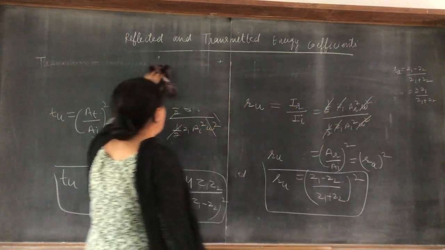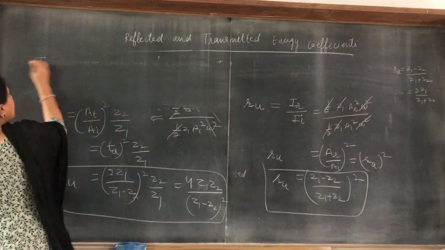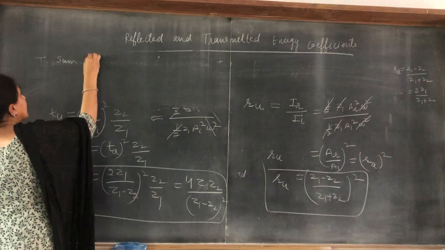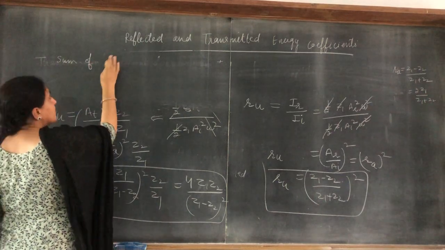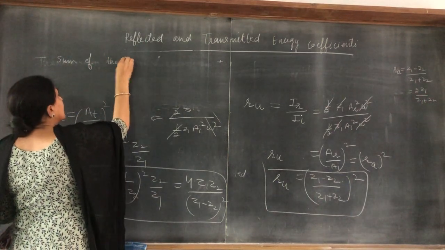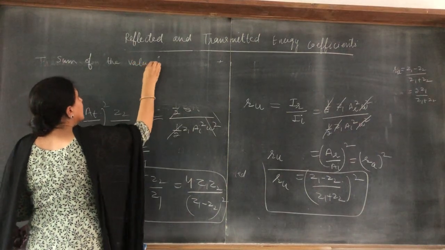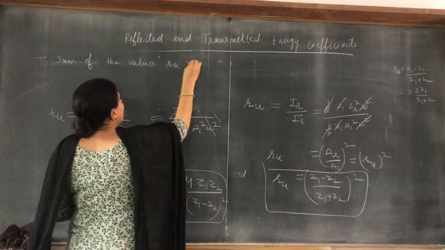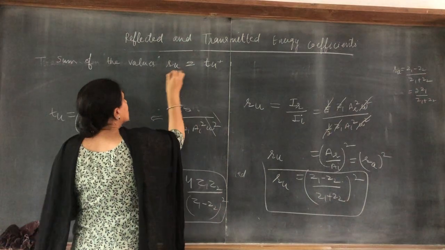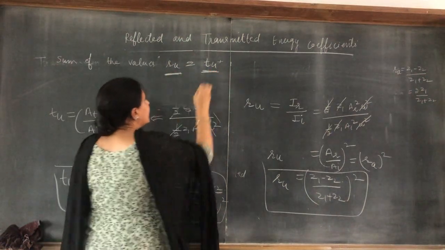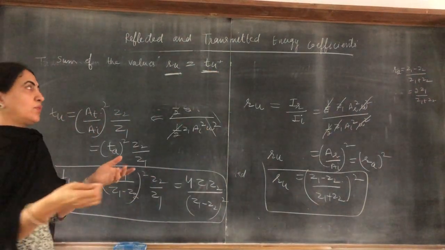Now the sum of the reflection coefficient of energy and the transmission coefficient of energy, the values of Ru and Tu, when we add them, what is the value?